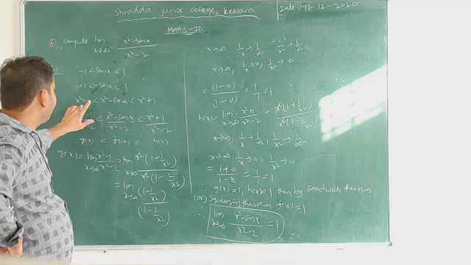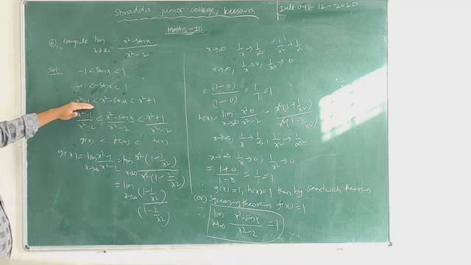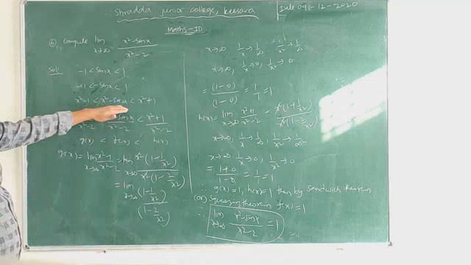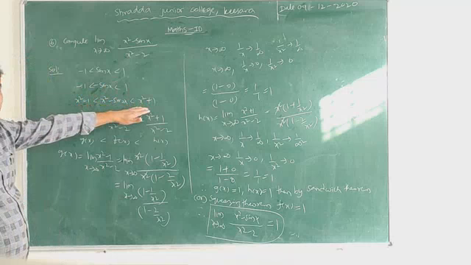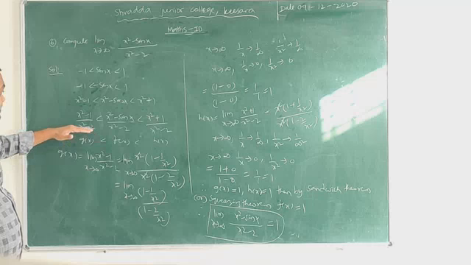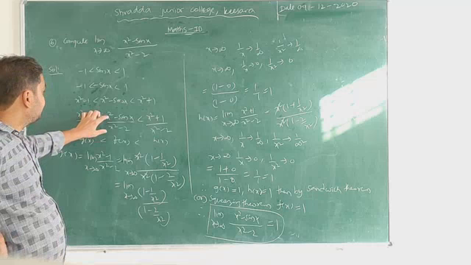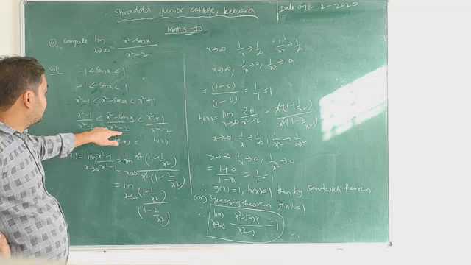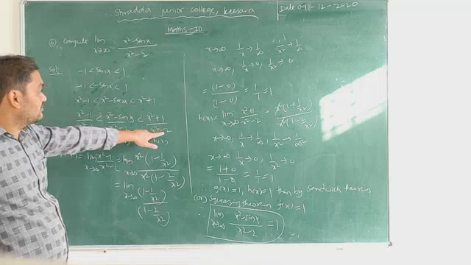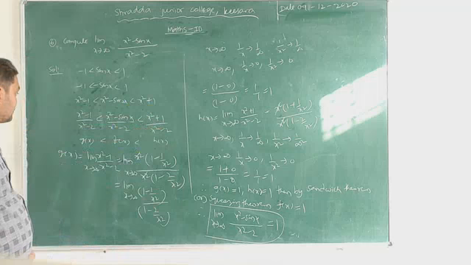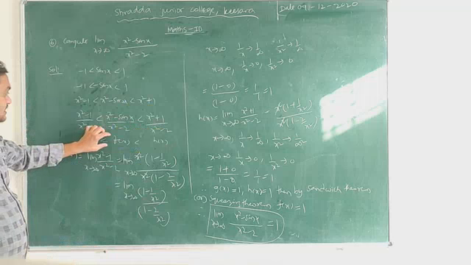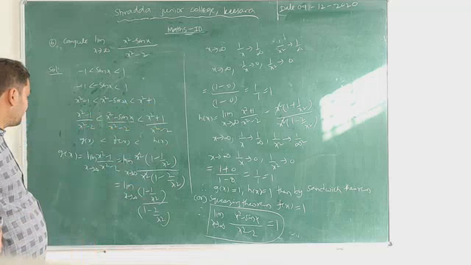Now we are adding x square, means x square minus 1 is less than x square minus sin x, which is less than x square plus 1. This is divided by x square minus 2. Means x square minus 1 by x square minus 2 is less than x square minus sin x by x square minus 2, which is less than x square plus 1 by x square minus 2. This is g of x, and this is f of x, and this is h of x, so g of x is less than f of x, less than h of x.